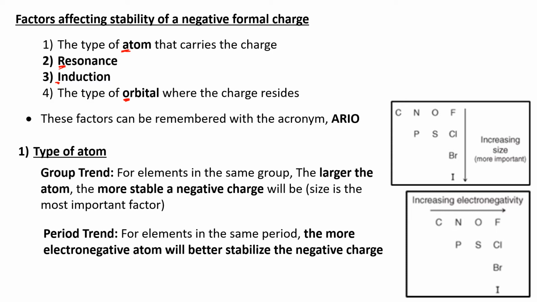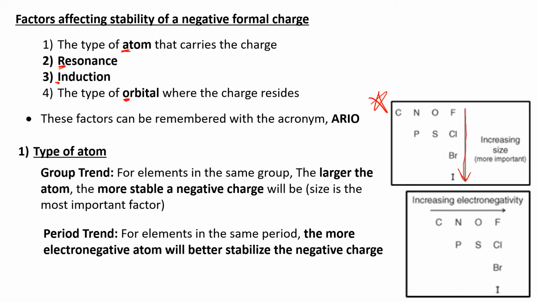So first, let's look at the group trend. If two elements happen to be in the same group, the larger the atom, the more stable the negative charge. So here's our group trend right here. Let's focus on this box. As you move down a group, atoms get larger.